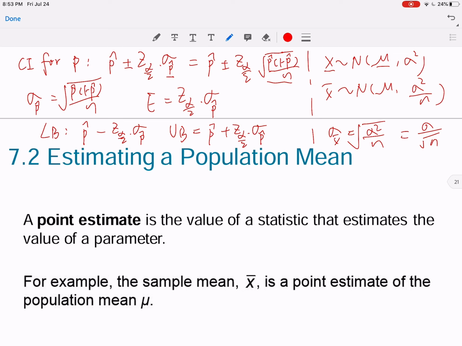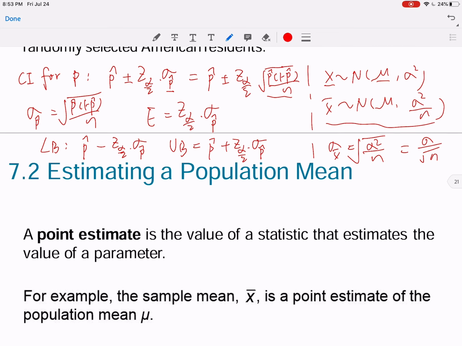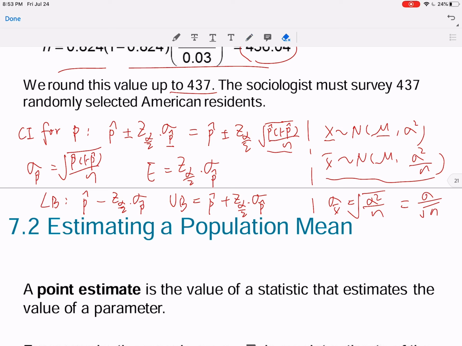If we want to standardize x, we know that Z is going to be equal to x minus mu over sigma. That's how we standardize x, which is normally distributed with population mean mu and standard deviation sigma. But if we want to standardize the random variable x bar, then Z sub x bar would be equal to x bar minus the mean, which is mu as well, divided by the new standard deviation.